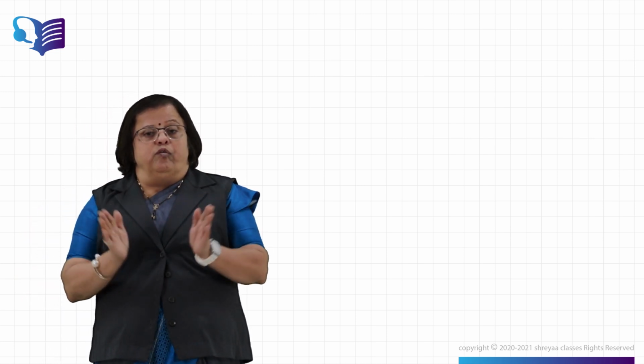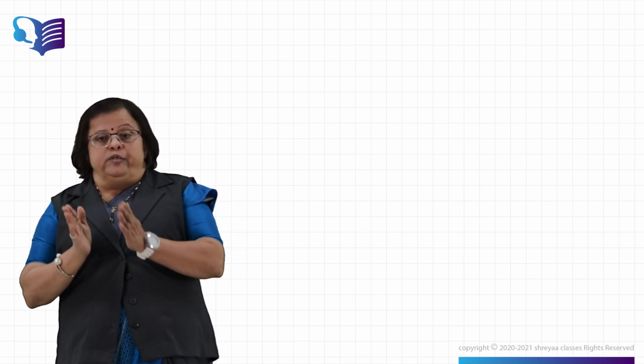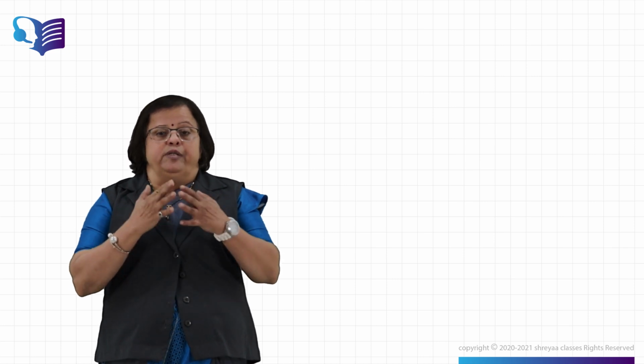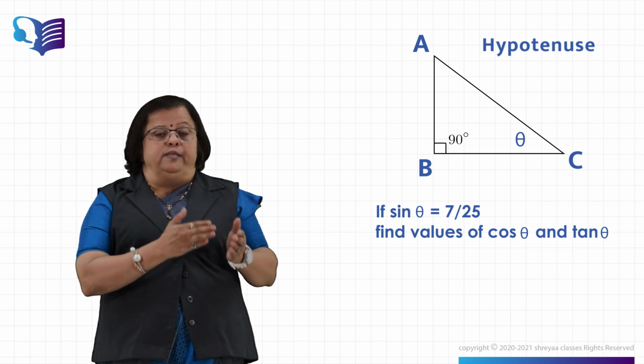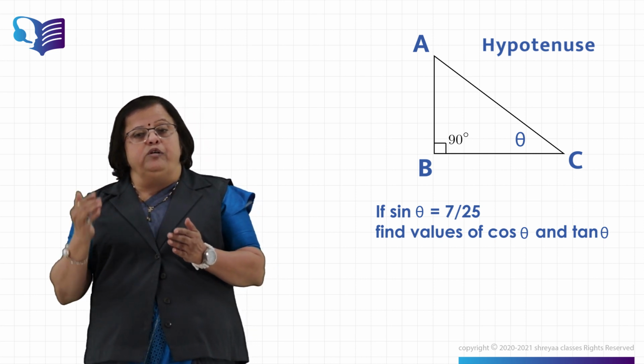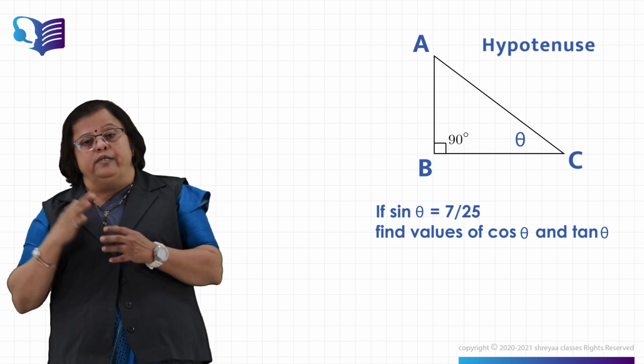Now we have seen lot of formulas, identities, ratios. Then how to solve the sum? Yes, we will come there. Suppose you have given sin theta is equal to 7 upon 25 and we have to find out cos theta and tan theta.